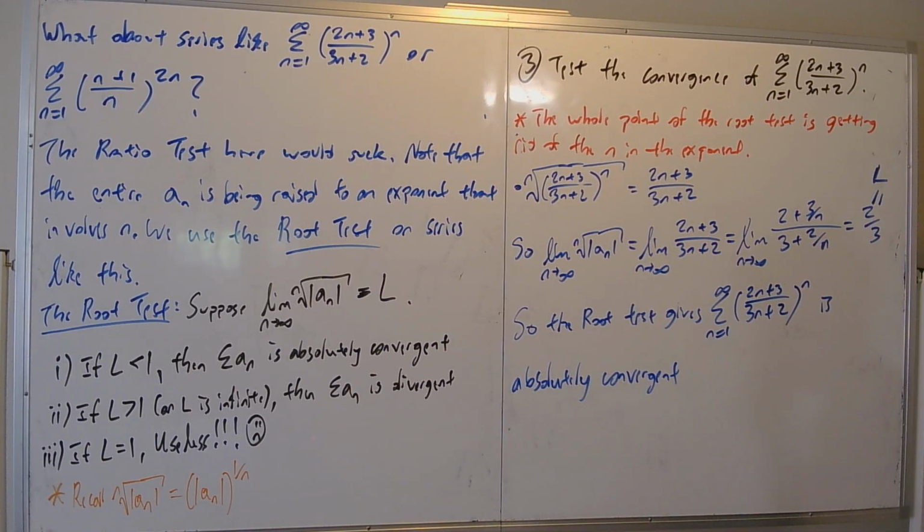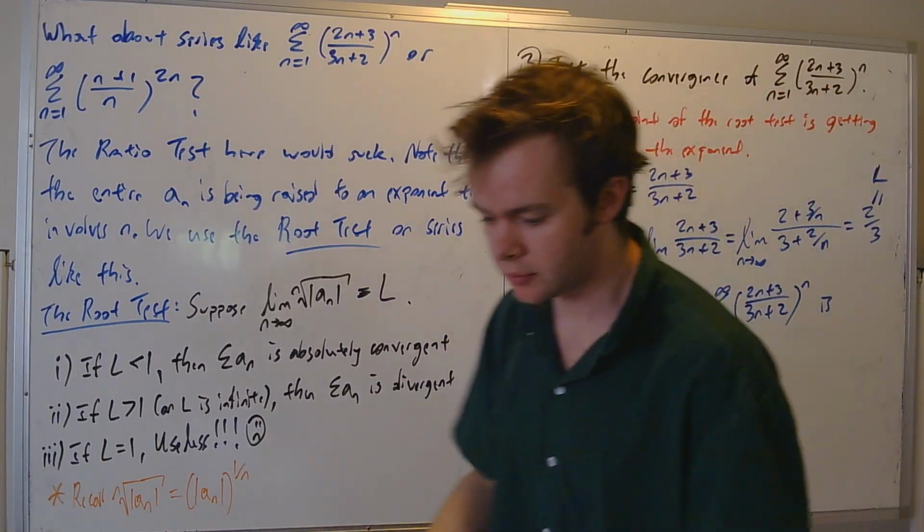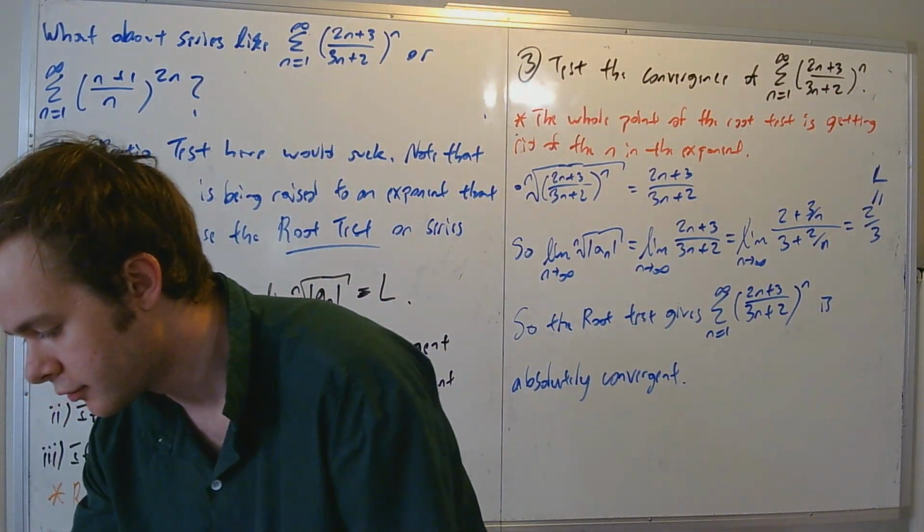Okay, so that's very good. So the root test actually gave us a very strong condition. Not only is this thing convergent, it's absolutely convergent. But notice, this thing is always positive anyway, so saying it's convergent is actually the same thing as saying it's absolutely convergent, because every term in this series is positive. Okay. Now, we can move on to our last example.